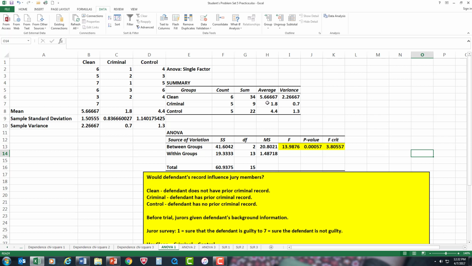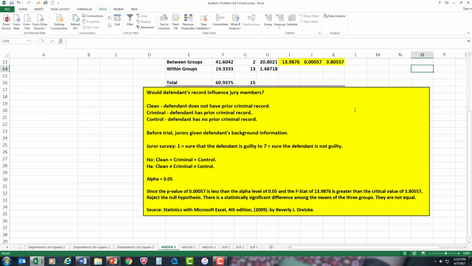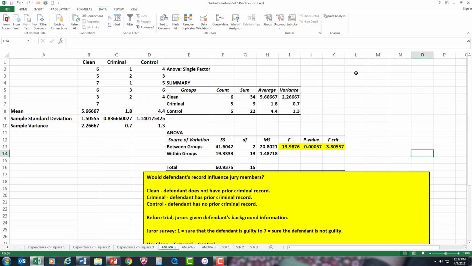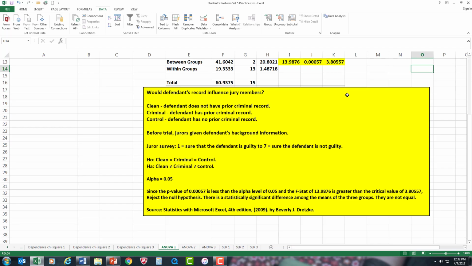But I think what we can see here is that the criminal record mean is closer to sure that the defendant is guilty, so you can pretty well state that, yes, if the jurors know about a criminal record ahead of time, that might influence them to find the defendant guilty of whatever crime they are accused of.